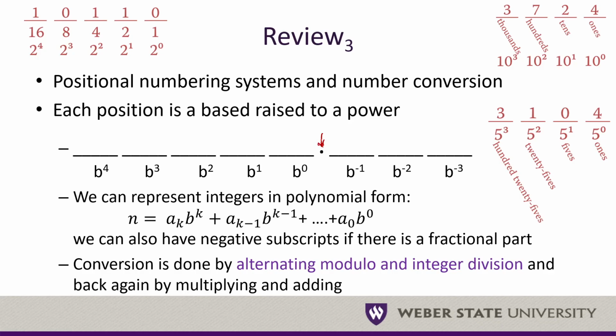In decimal, what's the dot called? Decimal point. We could call it a binary point. We could call it a trinary point, a quaternary point, an octal point. It gets kind of old calling it a point, whatever the base is, point, because it means the same thing. The actual term for this is the radix.